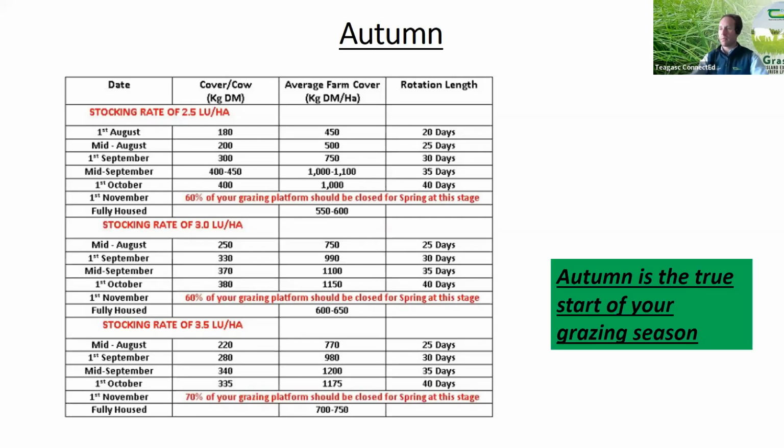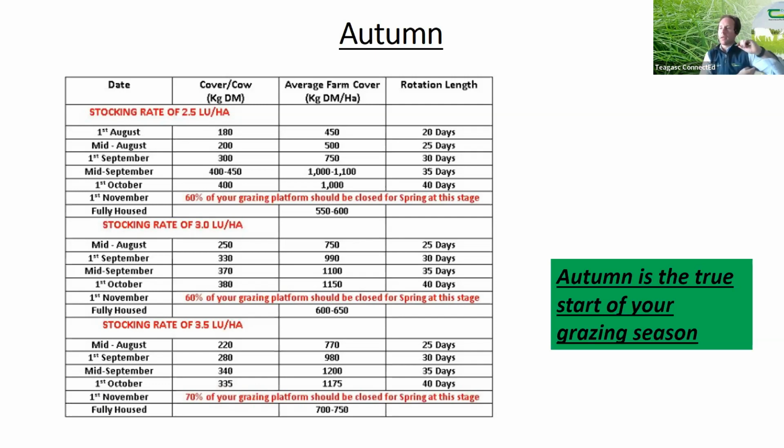Or if you only build to maybe 750 or 800, and next thing you're running out of grass fairly lively, and you end up skinning the farm, and all of a sudden you have no grass kept over the winter, and you have a low opening average farm cover in the springtime. So autumn is the true start of your grassland management year.